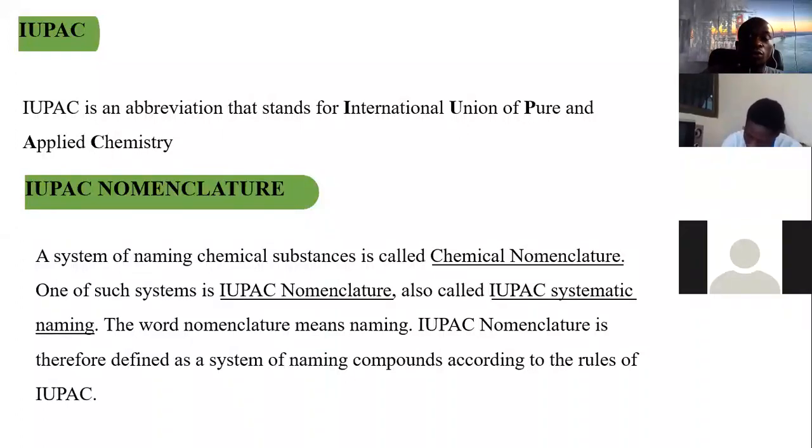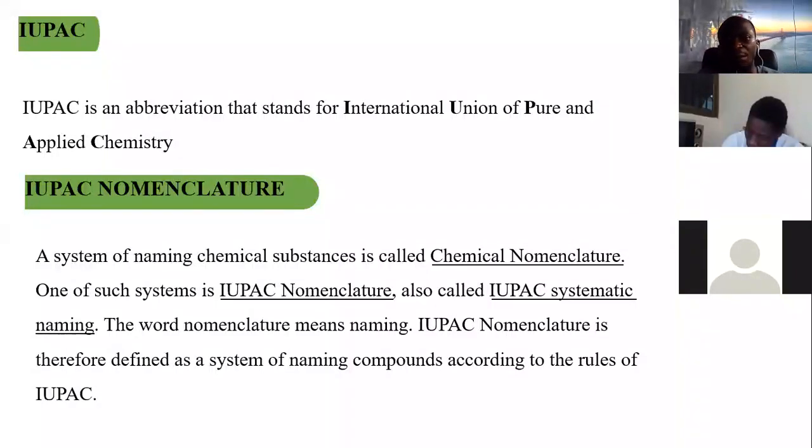All the compounds we name: sodium chloride, carbon dioxide, water, sodium carbonate, and the rest, are named not based on any other system, but based on the IUPAC system of naming compounds. The IUPAC nomenclature is also called the IUPAC system, IUPAC systematic naming.